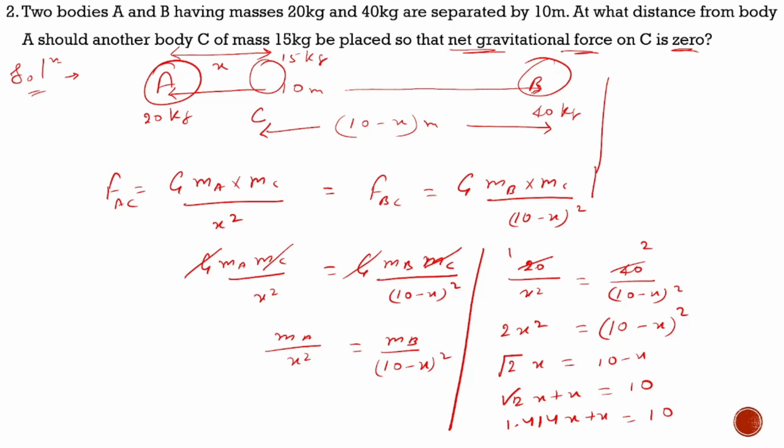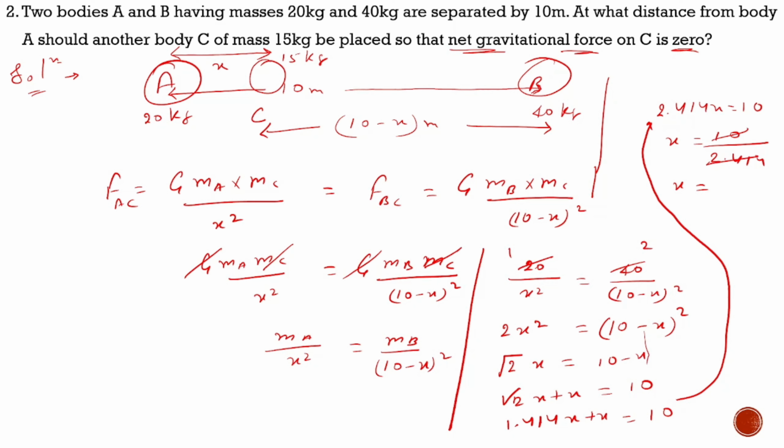Now taking x common, 1.414 plus 1, that is 2.414, x is equal to 10, and the value of x will be 10 divided by 2.414. On solving, the approximate value we will get is 4.14 meters.